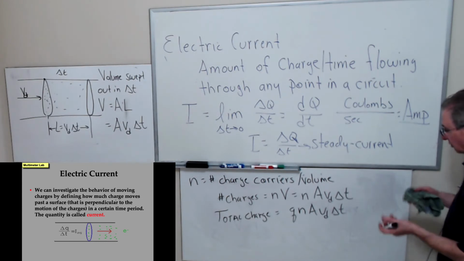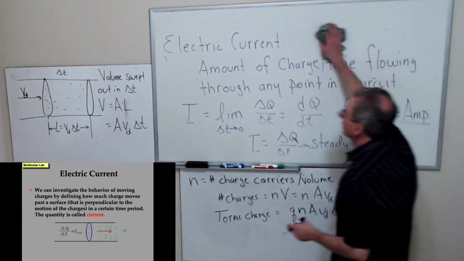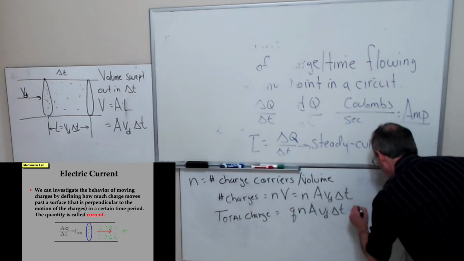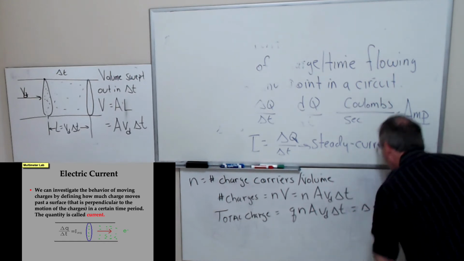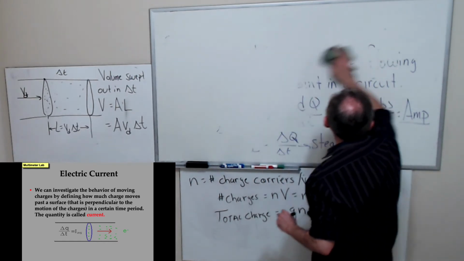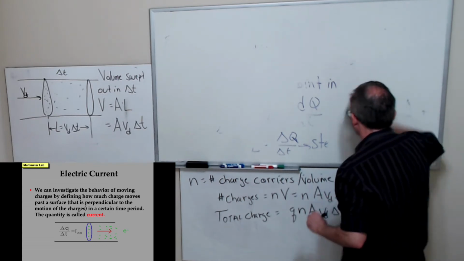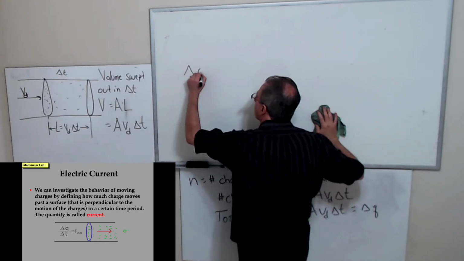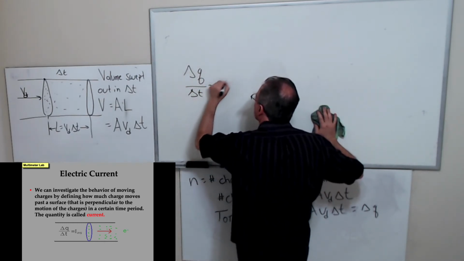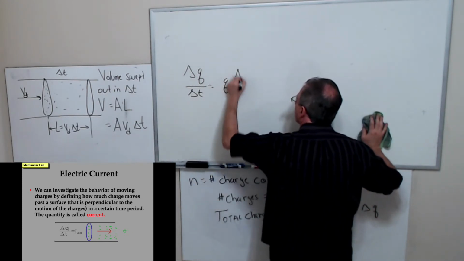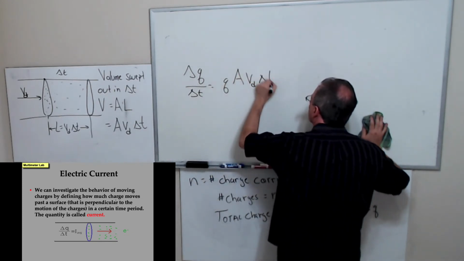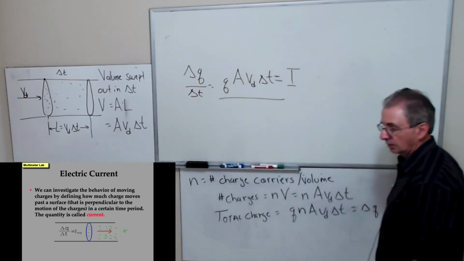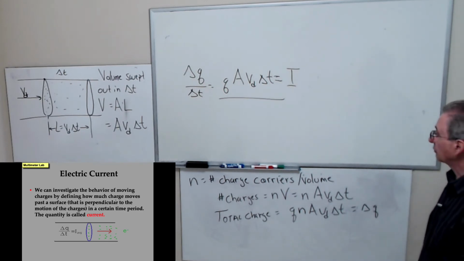Now, if I take the total charge and divide by my time interval, and so that's my equation for the electric current. That gives me a representation of electric current.